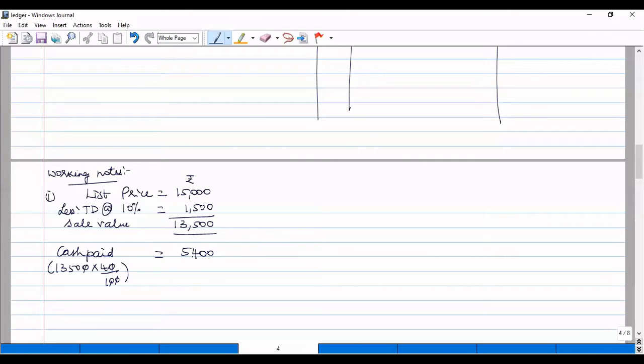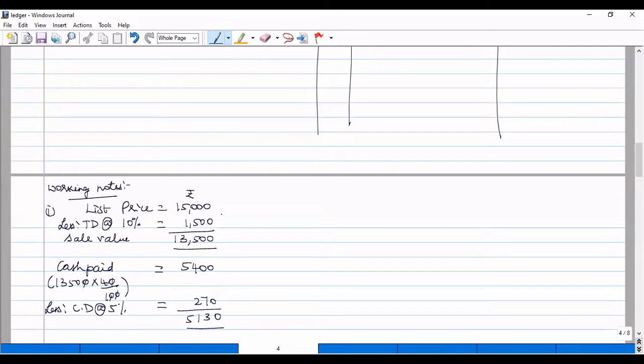Right, and as we are paying cash 5,400, for this only we can be given the cash discount. So we have received a cash discount for the amount which we have paid. So less cash discount at 5%, that is 5% of 5,400. Okay, and this amounts to 270. So how much would we have paid? We have paid 5,130 by cash. Okay, and the total purchase value of the goods is 13,500.